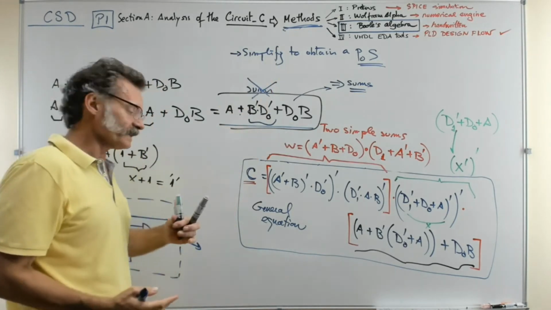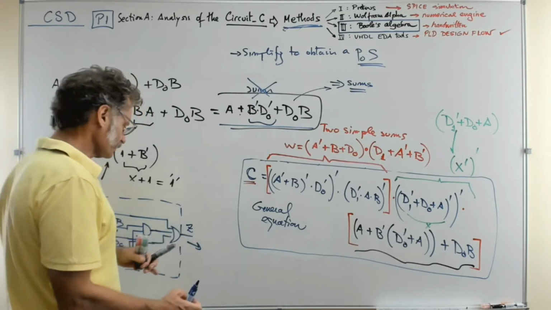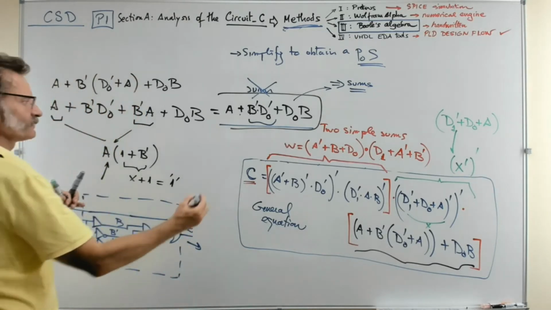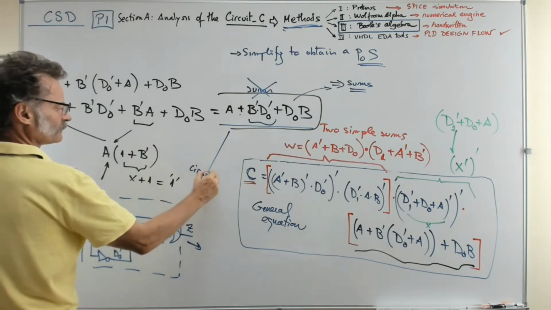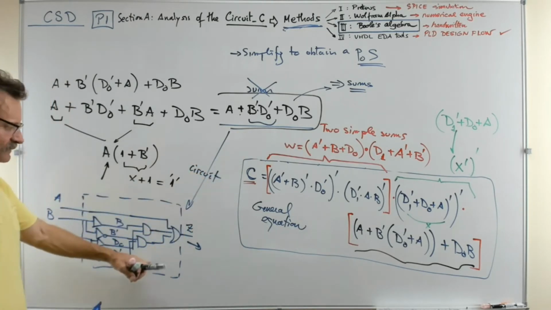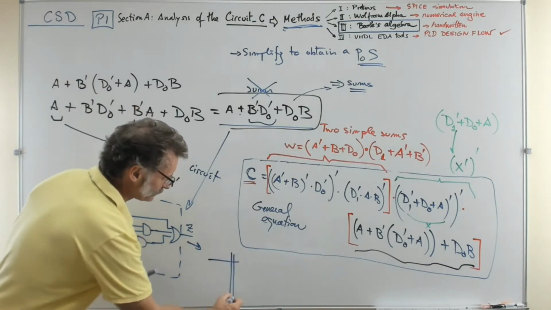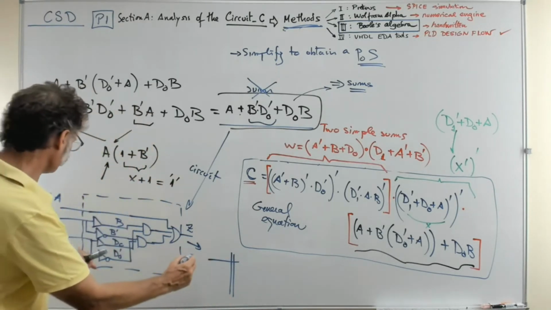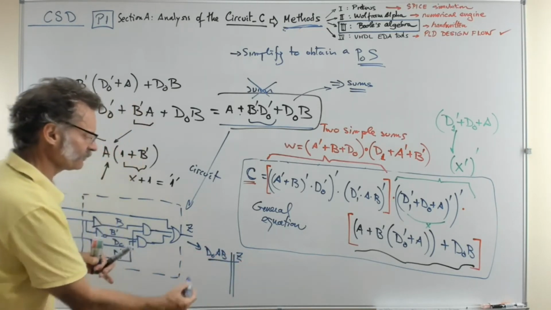So as I say, one way to do that, if you have some imagination, is to draw the circuit again, because if you have an equation, you have a circuit if you like, and this is easy, because if you have a circuit, you can try to find the truth table, just D0, A and B, and Z. The order is not important.